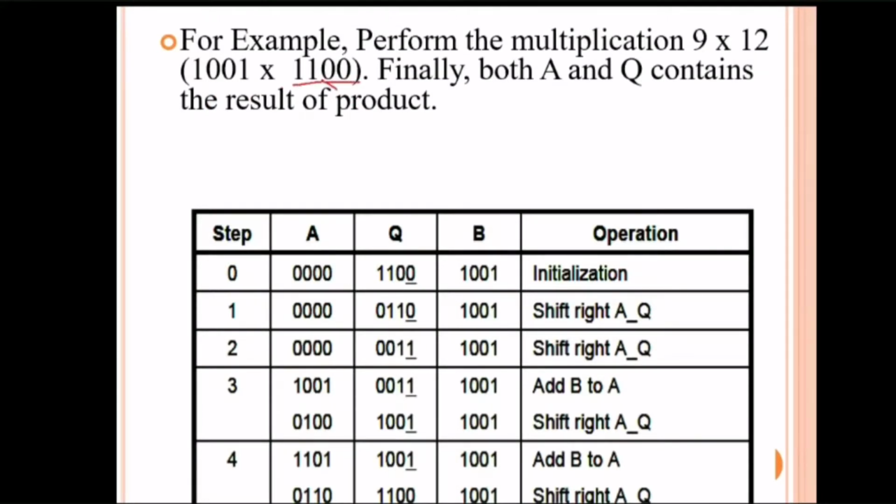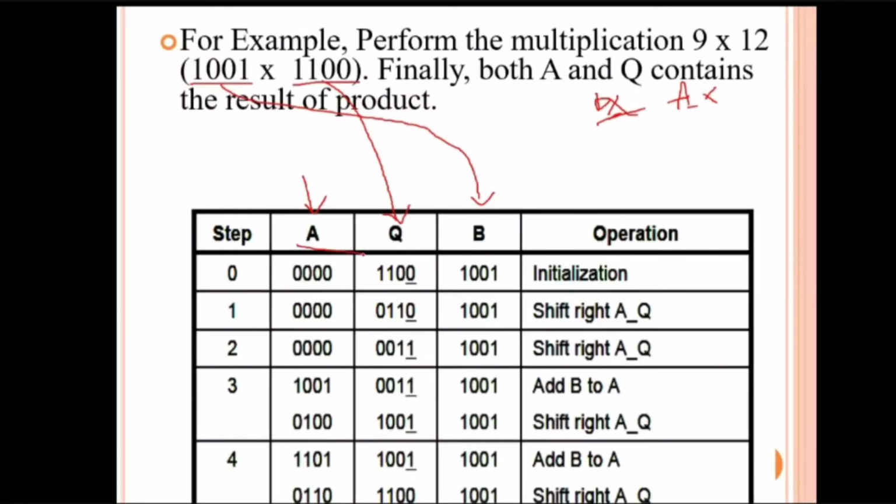The multiplier value should be stored in Q, and the multiplicand value should be in B. And A is one additional variable to store the result, to store the result.